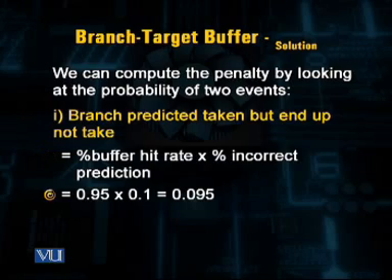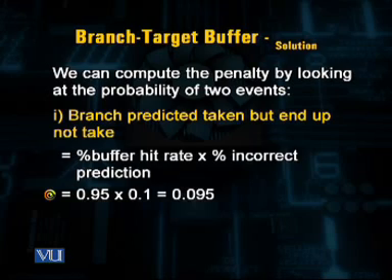For this example, it is equal to 0.95 multiplied by 0.1. 0.95 is for the hit rate and 0.1 is for incorrect prediction of 10%, where correct prediction is 90%.